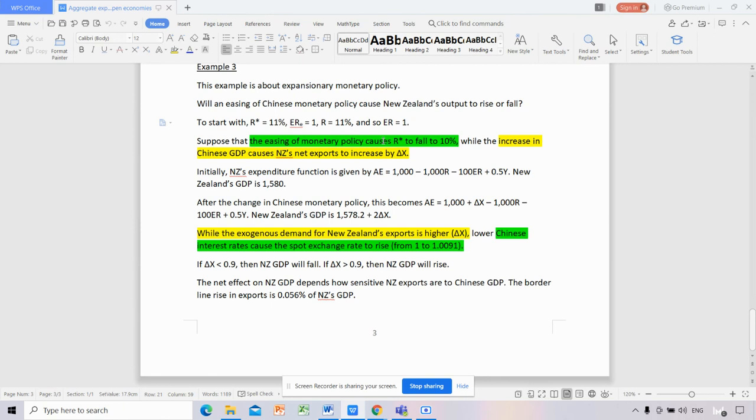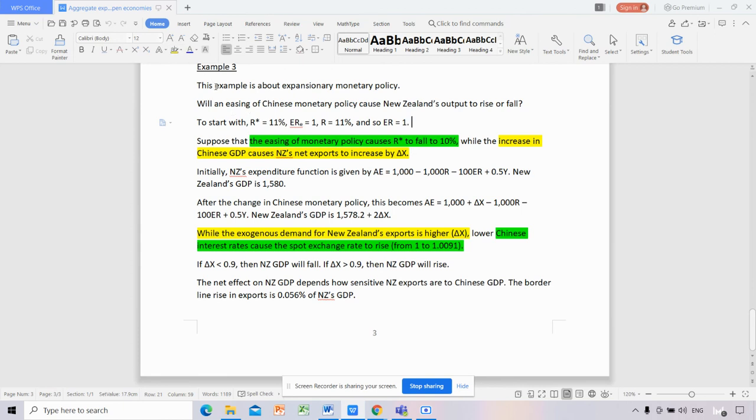But imports into China are what? Exports from New Zealand to China, the same thing. Chinese imports are New Zealand exports. That's why, let me repeat again, the decrease in the interest rate in China has a positive effect on New Zealand exports, because Chinese income is increasing and Chinese imports from New Zealand are increasing. Positive effect on New Zealand GDP.